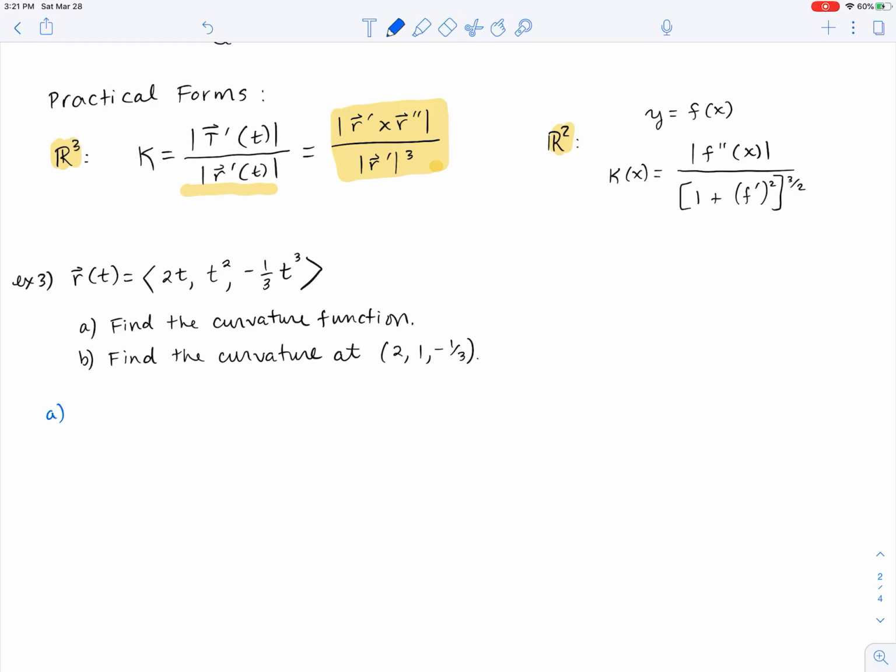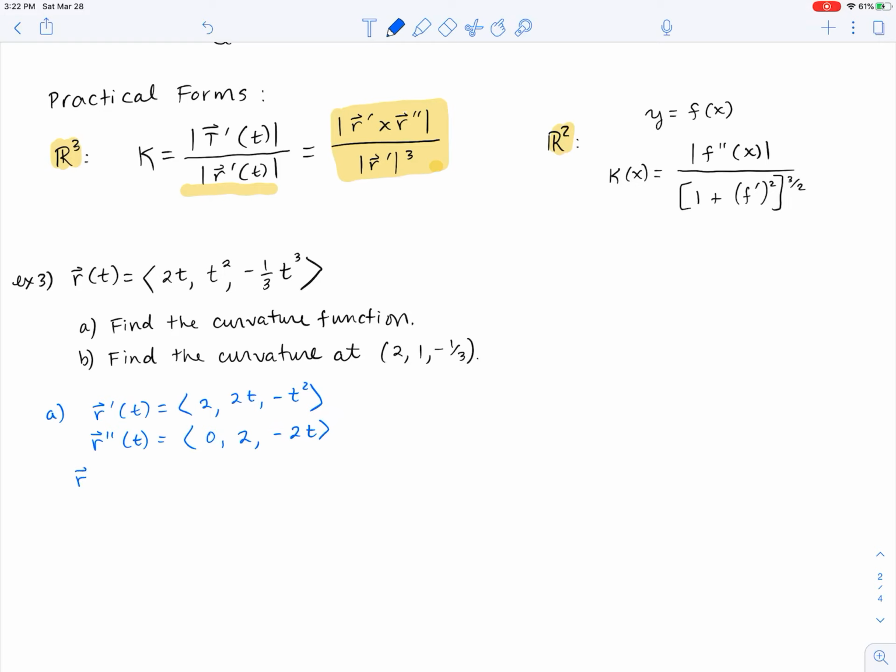It's more practical. So let's start with r prime. That's 2t, negative t squared. And then we want the second derivative: 0, 0, negative 2t.